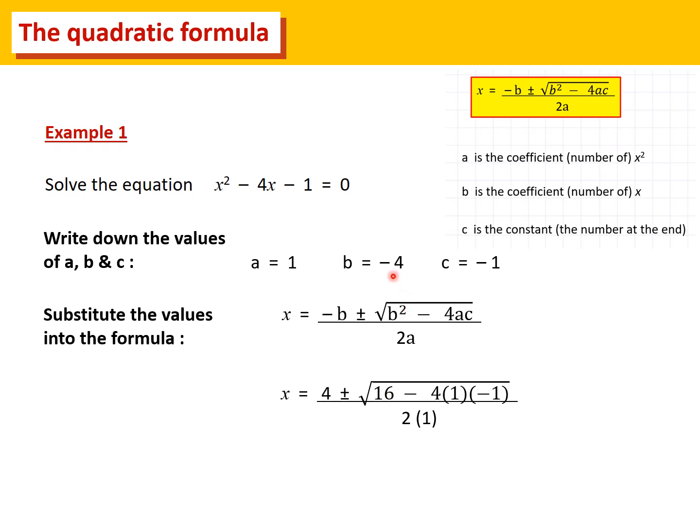So -4 squared is 16. Then it's subtract 4 times A, which is 1, and then times C, which is -1. So I would always write that out in exactly the form that you see, with your values substituted in.